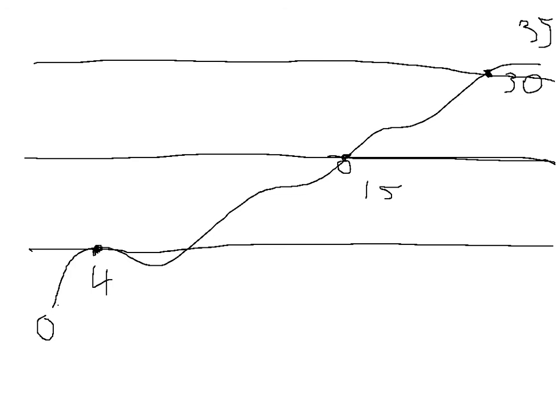Because if it was discontinuous, say it was discontinuous at 10. Say it was discontinuous right here. Well, then I don't know exactly what is because it's not a constant function.